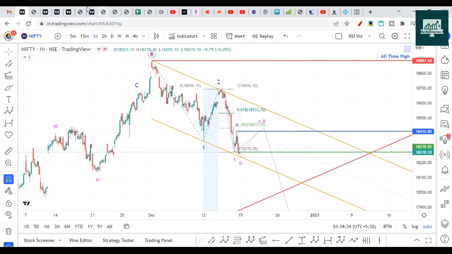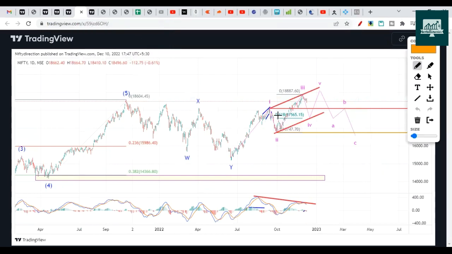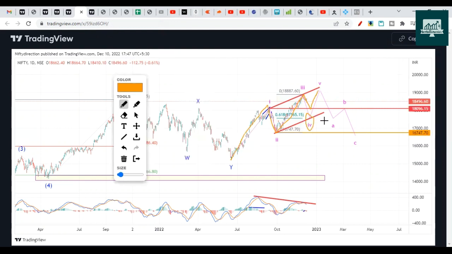Moving further to the second probability of a leading diagonal pattern in wave 1. So this can be wave 1, 2, okay, 3, 4, 5. I went beyond 18,000 here, but yeah, I don't expect it to reach there. It will just break the top of this wave 1, and make a leading diagonal pattern like this.